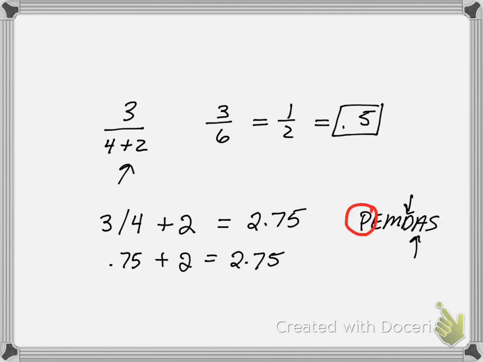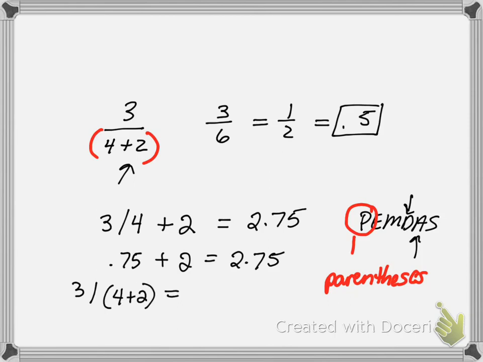Easy. You bump it to the front of the list. P stands for parentheses, doesn't it? And so, if you want to bring it to the front of the list, you simply put parentheses. So now if you try 3 divided by parentheses 4 plus 2, it should give you the correct answer of 0.5.